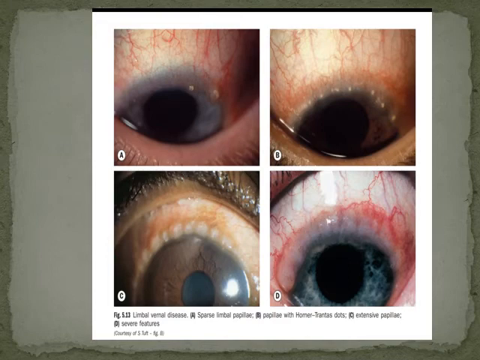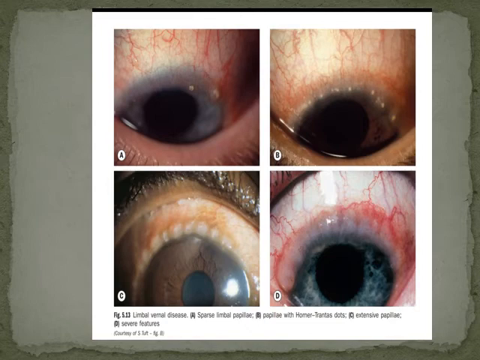The bulbar form of the disease is characterized by dusky red triangular congestion of the bulbar conjunctiva in the palpebral area, and gelatinous thickened accumulation of tissue around the limbus. There is presence of discrete whitish raised dots along the limbus, that are the Horner-Trantas spots.